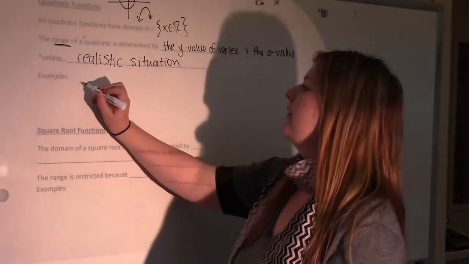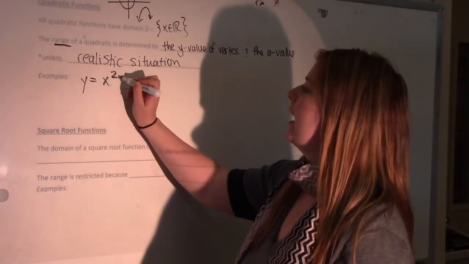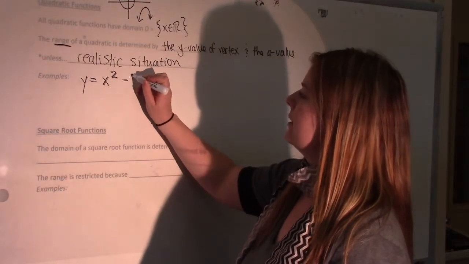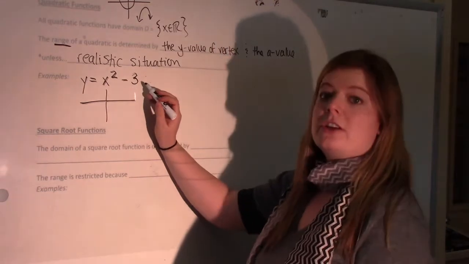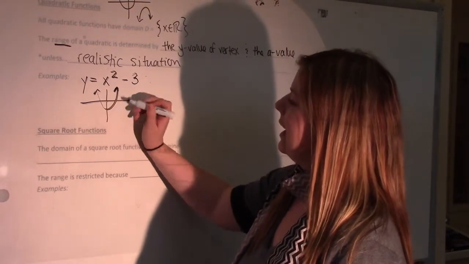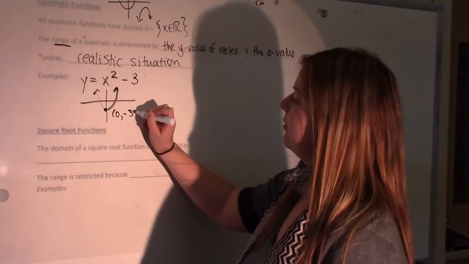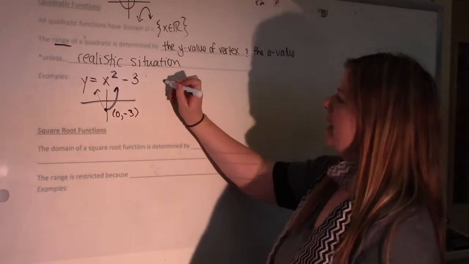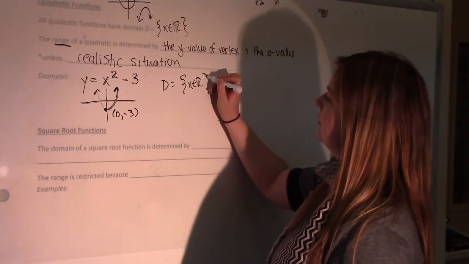So for example, if you have y equals x squared minus 3. So think about what that looks like. That's just the parabola transformed down 3 units. So it looks like that. So your vertex is (0, negative 3). So the domain here can be any real number.